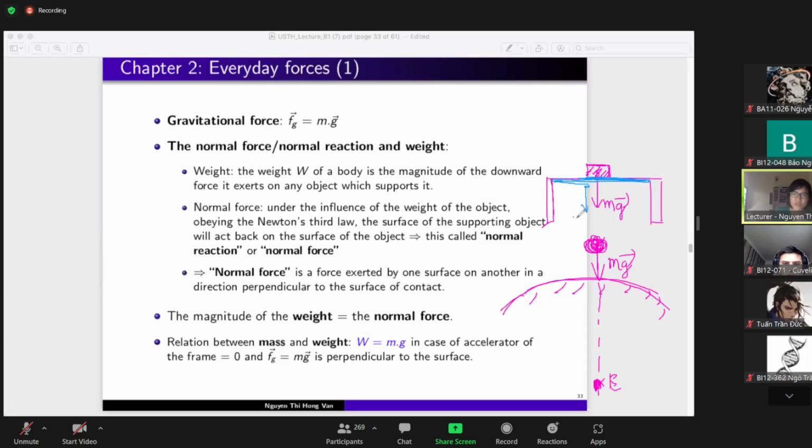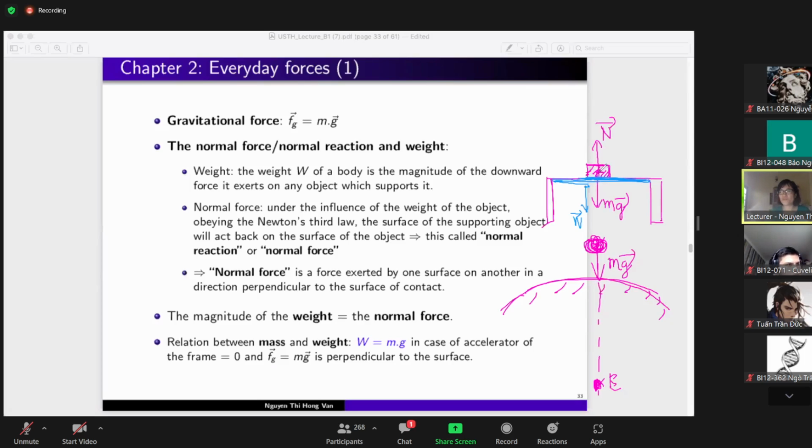I denote it W. And under this force, we remember the third law of Newton, right? If the object acts on the table with a force, then the table will act back with a force of the opposite direction and the same magnitude. That is called the reaction, the normal force.